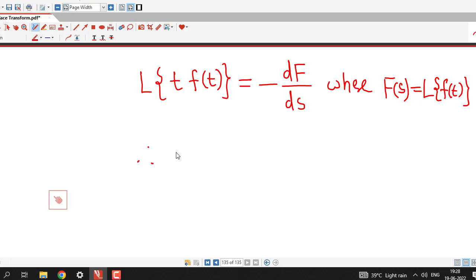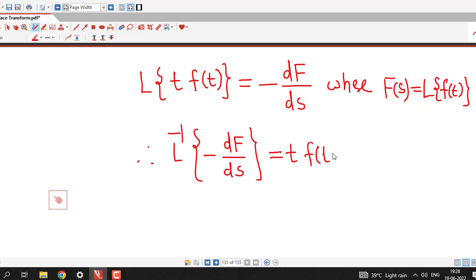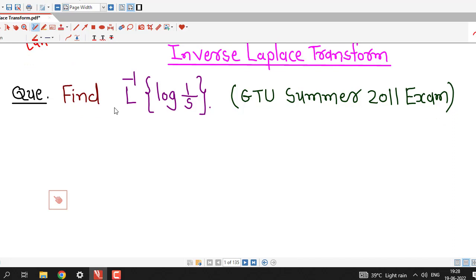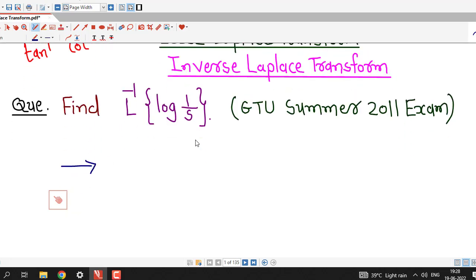Using this formula we obtain the inverse Laplace transform of negative of the derivative of capital F with respect to s, which is equal to t into f of t. We know that if the Laplace transform of a function of t is this function, then the inverse Laplace transform of this function is t into f of t. So we are going to use this formula to obtain the inverse Laplace transform, and we discussed one example related to this formula in lecture number 31 also.